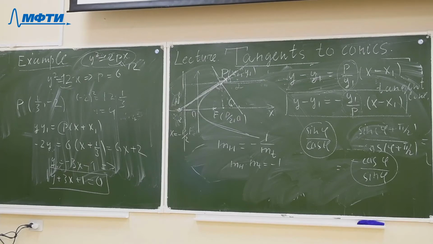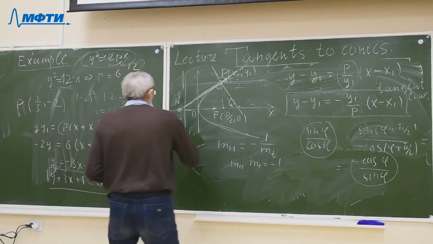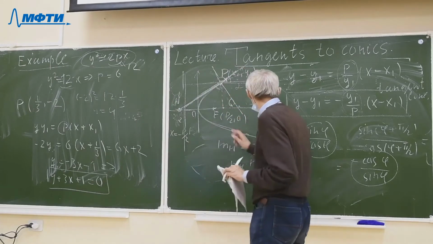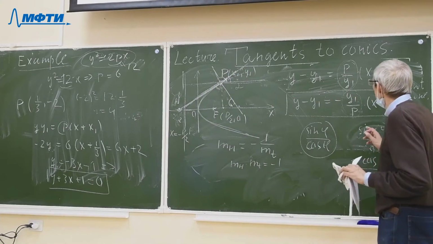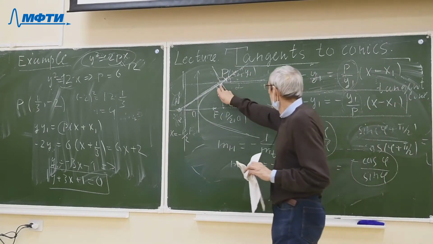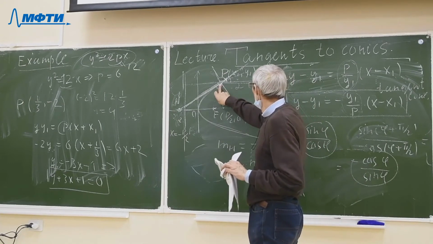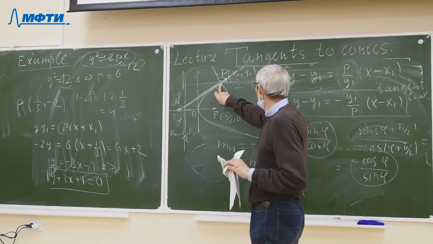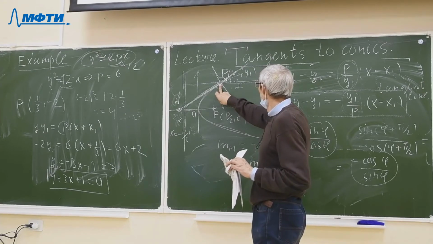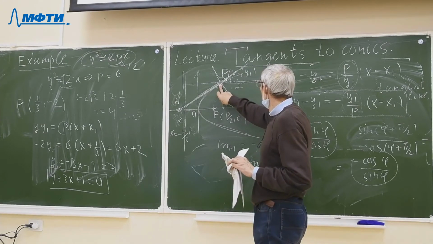I mean, the tangent line starting from the beginning of the parabola, the most left-hand side of the parabola.